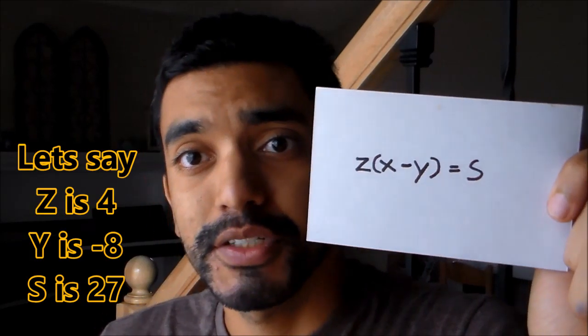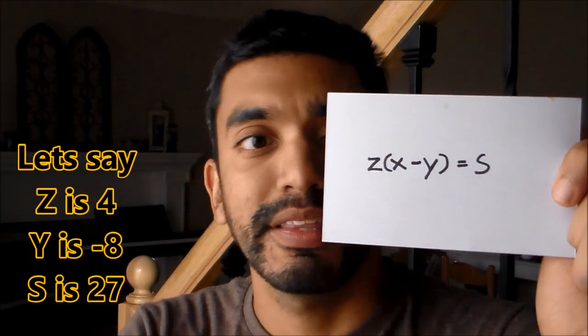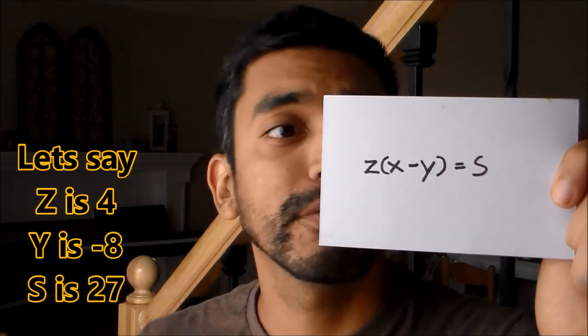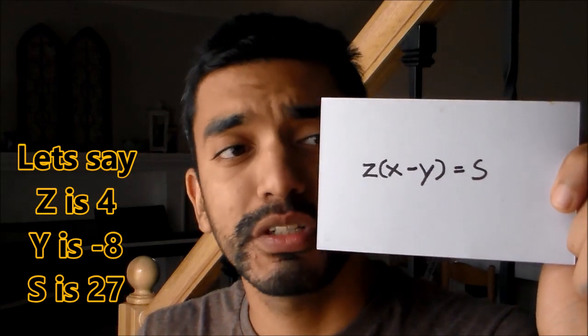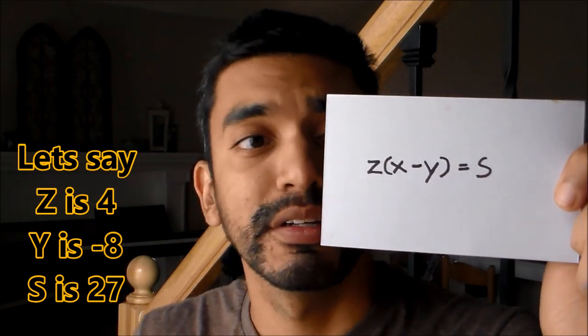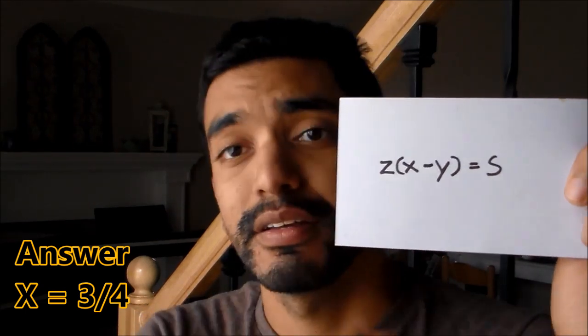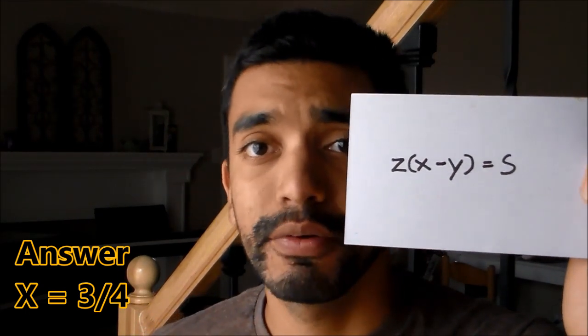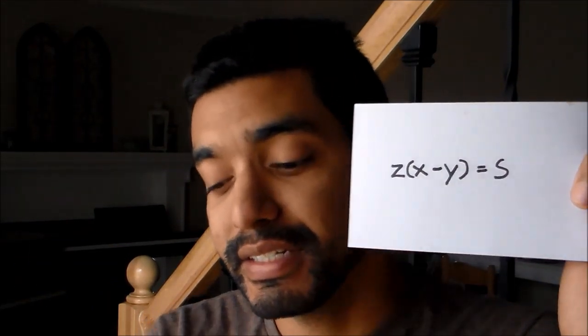So you may know what every letter is except for one. For instance, let's go with this question. So let's say they give you this and they want to know what is X. They give you what Z is, they give you what Y is, they give you what S is. So you just plug in the numbers that you know and you just continue on as if it was nothing. Just plug it in, work it out, and your goal is to try to get X by itself so you can find out what X is.